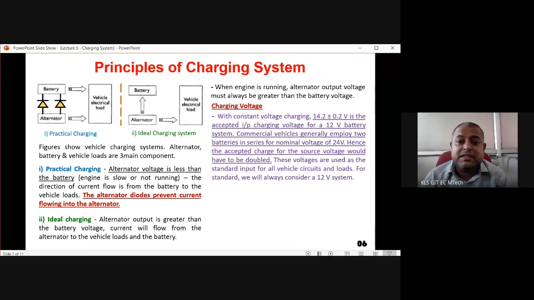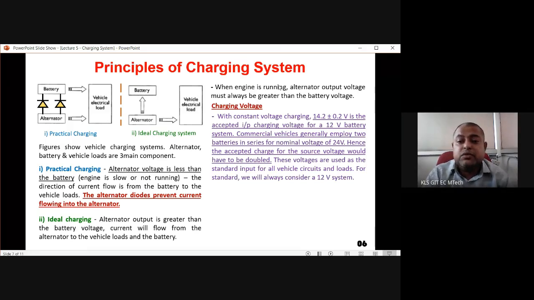This is the voltage accepted as input for charging, the voltage accepted from the alternator to charge the 12 volt battery. Very important thing: what is the charging voltage to charge the battery to 12 volt? It is 14.2 plus or minus 0.2 volt. That means either 14 or a maximum of 14.4 volt is given to charge the battery, and the battery will get charged to 12 volt.